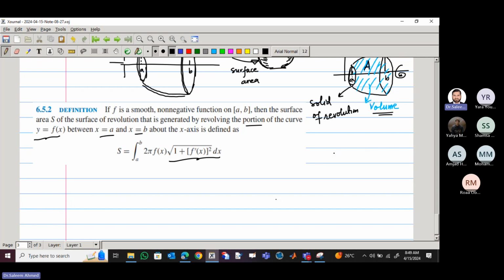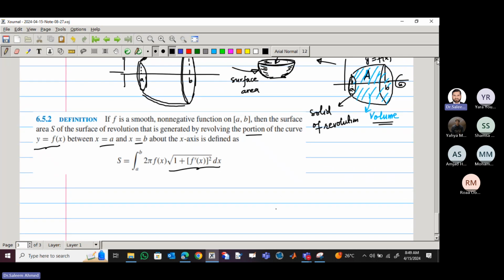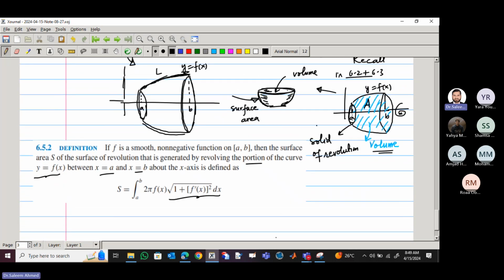So see, when I had this volume, if you recall in 6.2, we said take any value x here, then this is the line that is rotating. It gives me the disk inside, which gives me the area of the disk.